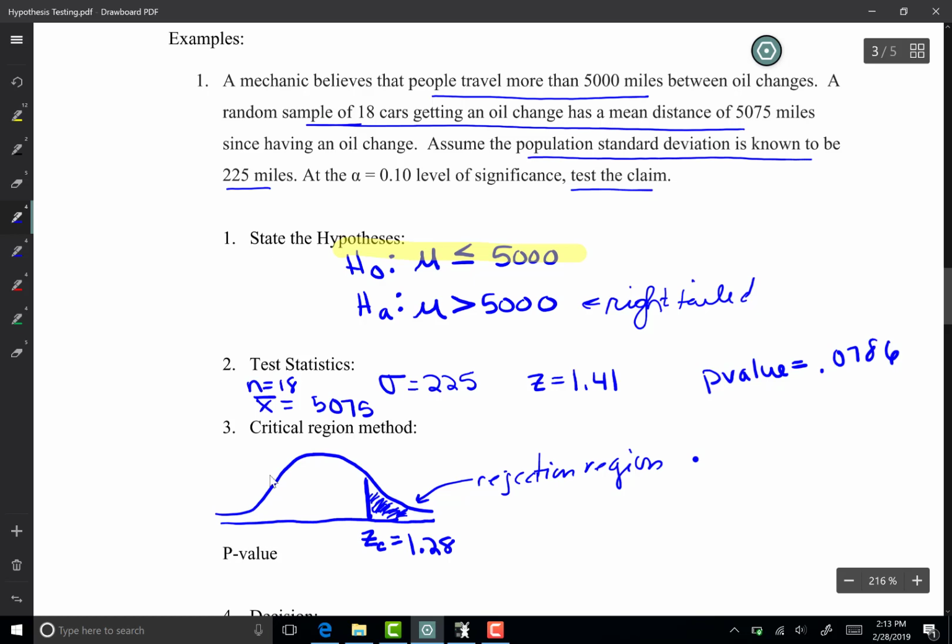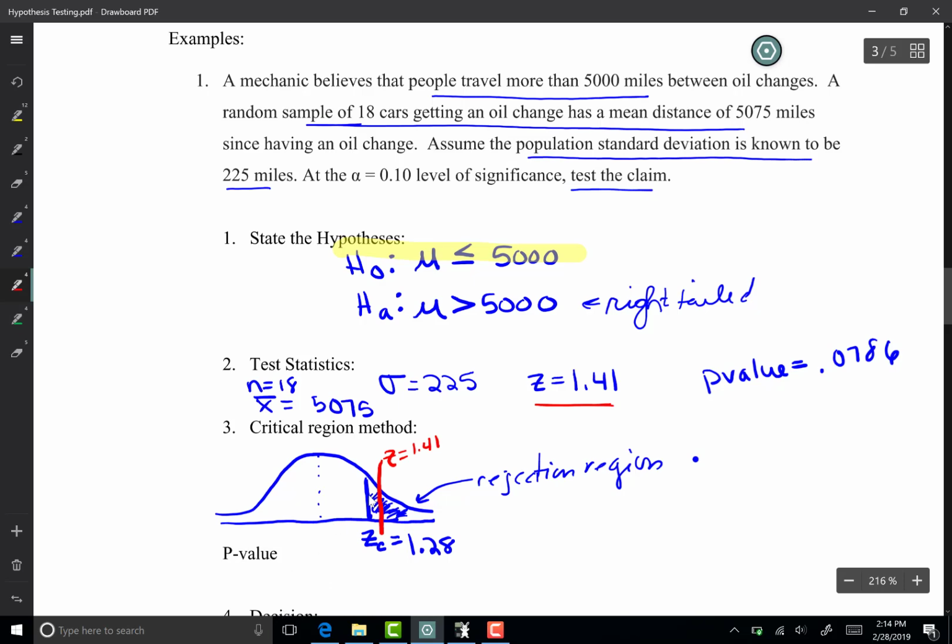So we draw where my test statistic falls. Well, I know on a standard normal this is 0. So where does 1.41 fall in relation to 1.28? Well, it's greater than that, so it's pretty close to it, but it's somewhere right here. My z equals 1.41.